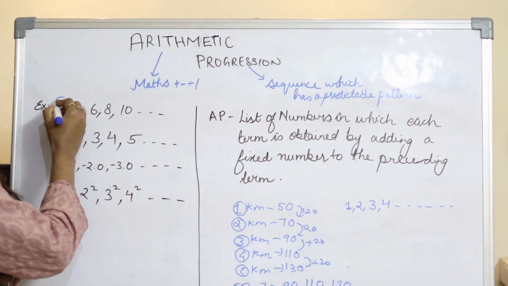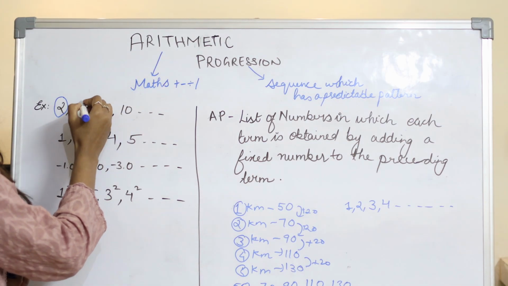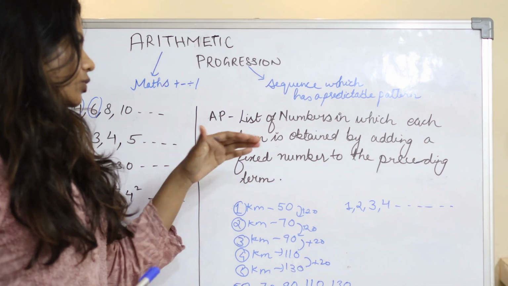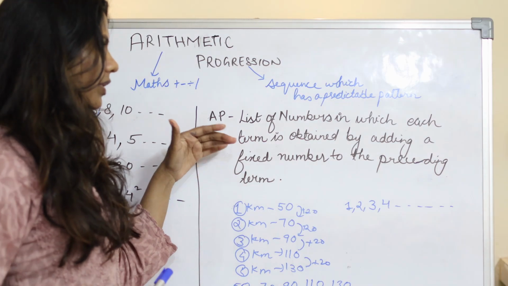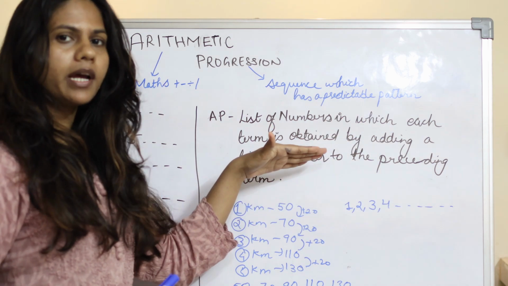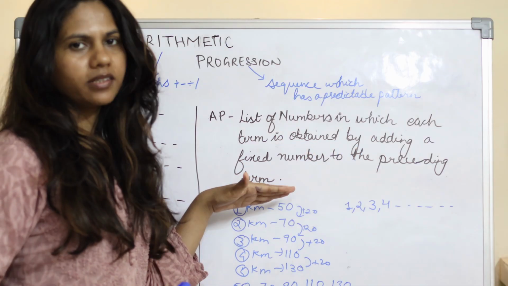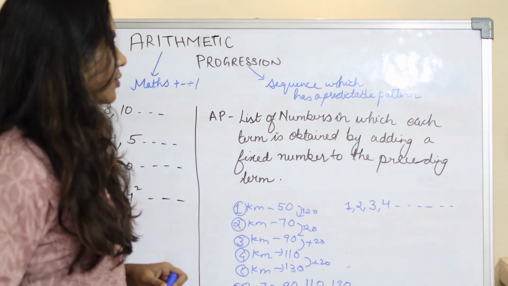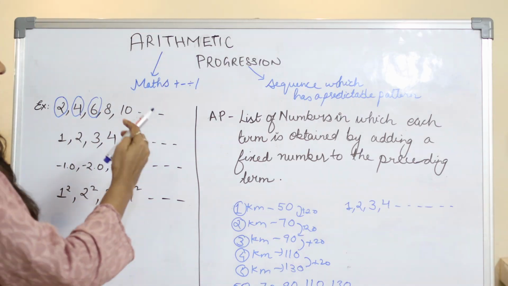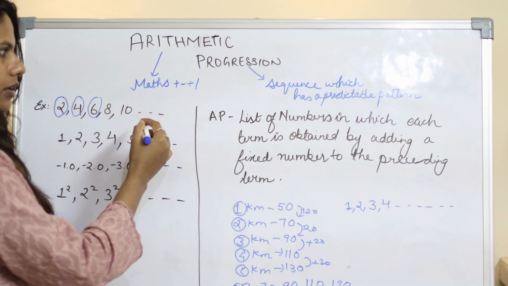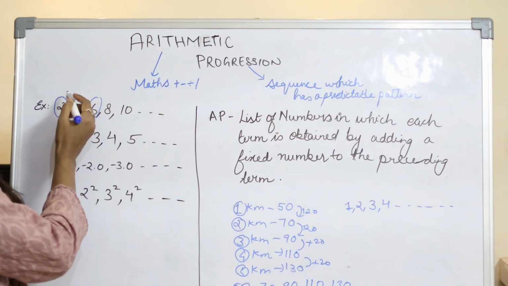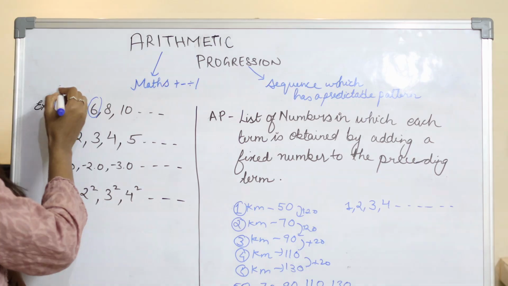So 2 is a term, 6 is a term, 4 is a term. Now that you know what a term is, we can go through the definition of AP. AP is a list of numbers in which each term is obtained by adding a fixed number to the preceding term.